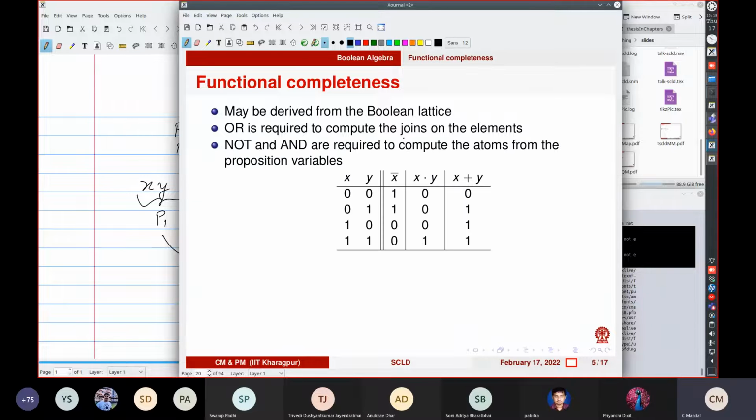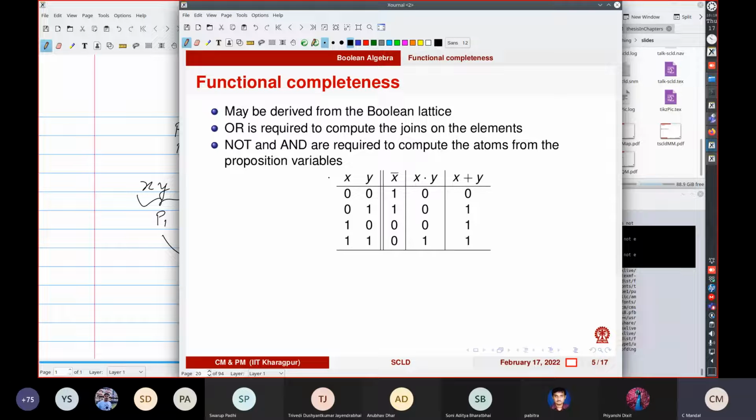We'll just touch upon another topic which we shall see in more detail later on. So, one question is, what is the minimal set of Boolean operations that you need to express any Boolean function.